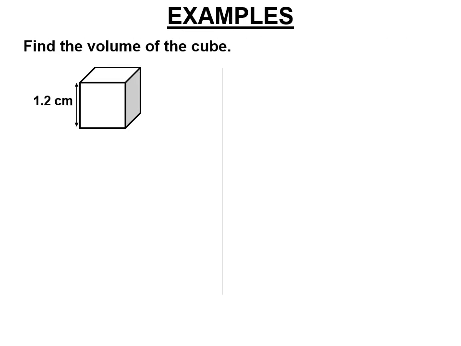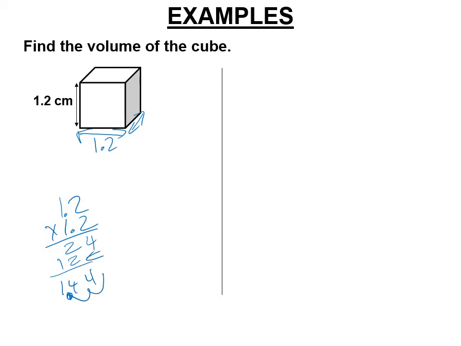All right, so this is a cube, so this is 1.2 times 1.2 times 1.2. Well, 1.2 times 1.2: 12 times 12 is 144, so that should be a hint where we're headed. But 2 times 2 is 4, that's 24. Step over, 1 times 2, 1 times 1, we got 144. Move the decimal twice, 1.44.